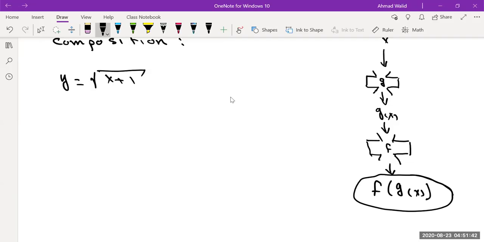Actually, I can rewrite this one as y equals square root of u. I'll name x plus 1 u. And here, my u will be my g of x, which is x plus 1. You see, easily I can see that this is a composite function.